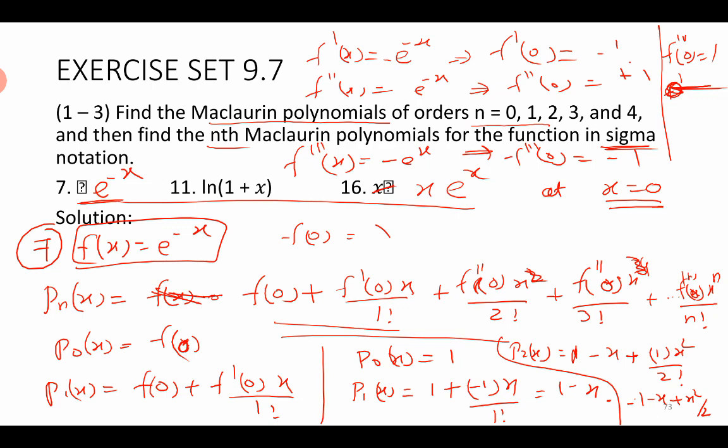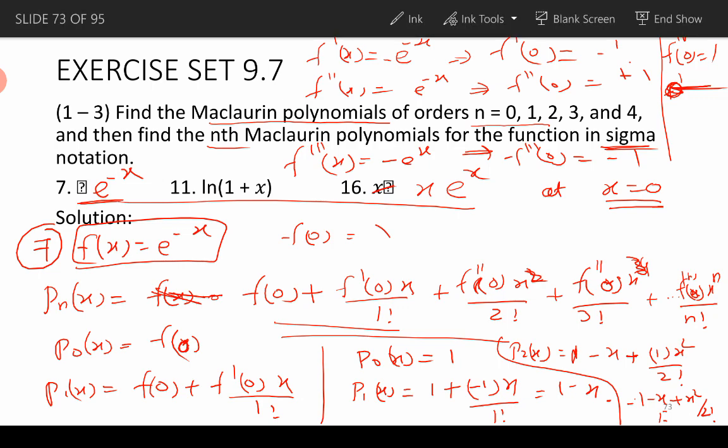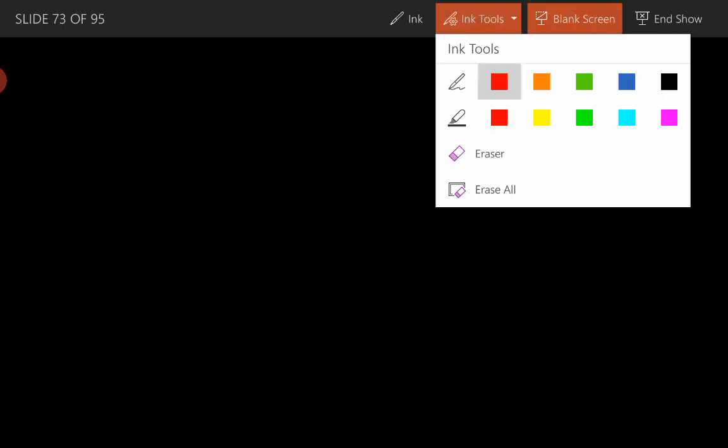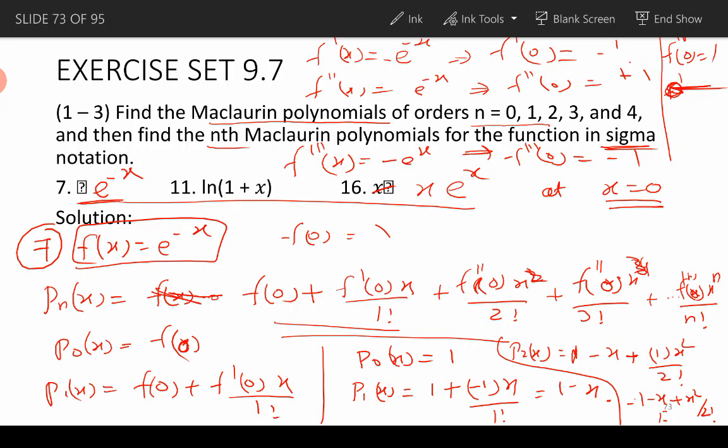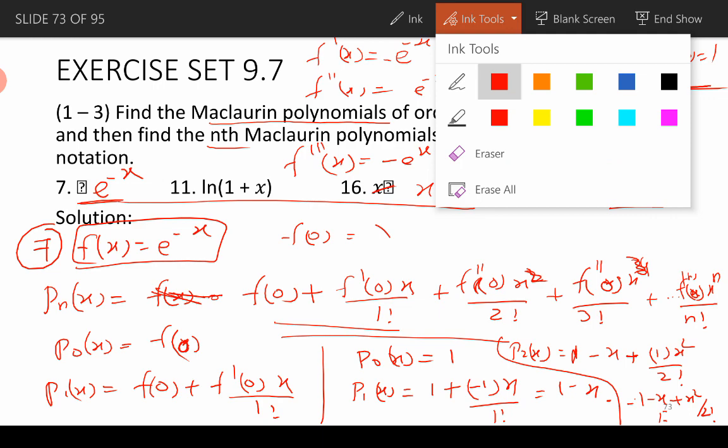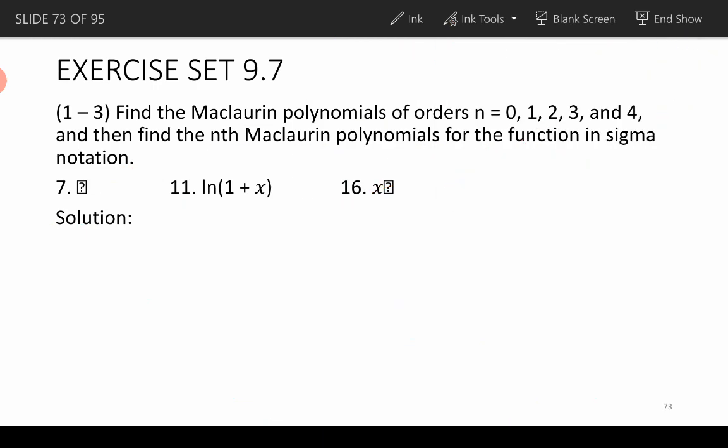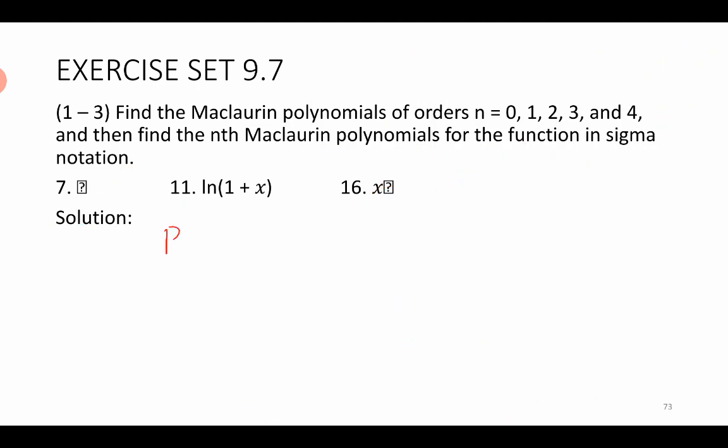You can write this as 1 minus x over 1 factorial plus x square over 2 factorial. You can continue the pattern, isn't it? So can you try the third order, p3 of x?